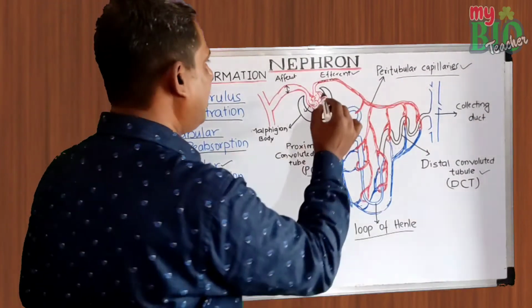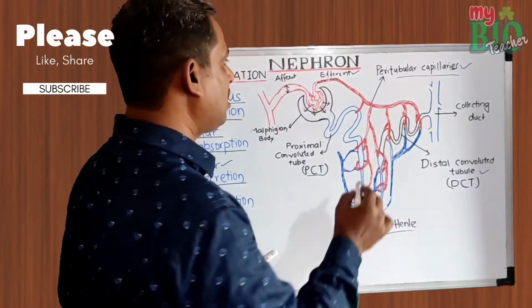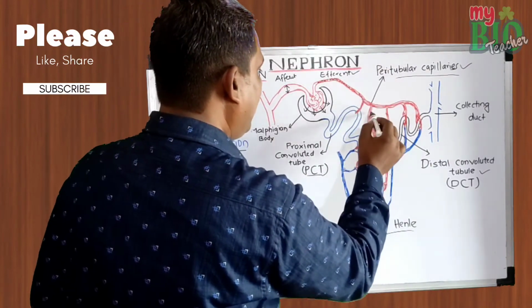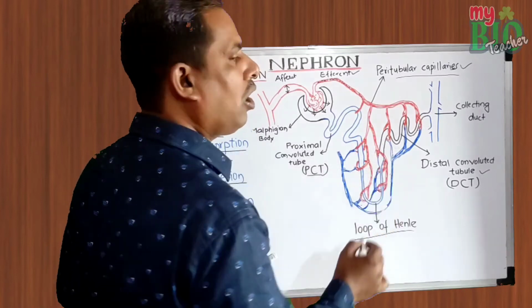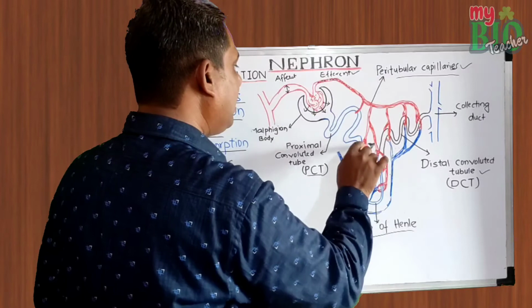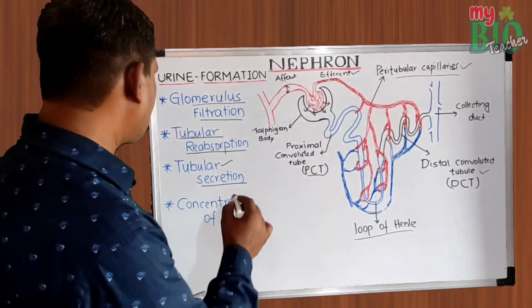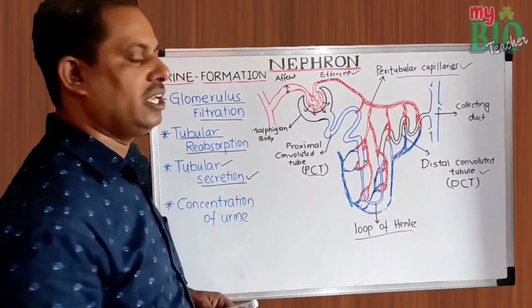From the efferent arteriole, the leftover waste materials enter into the tubular part again. These waste materials are directly passed into the tubular part, which is called tubular secretion.